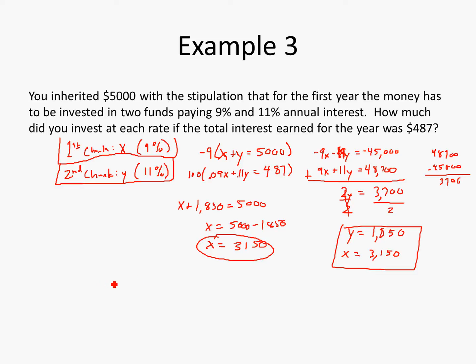We want to say that $3,150 was invested at 9%, and $1,850 was invested at 11%.